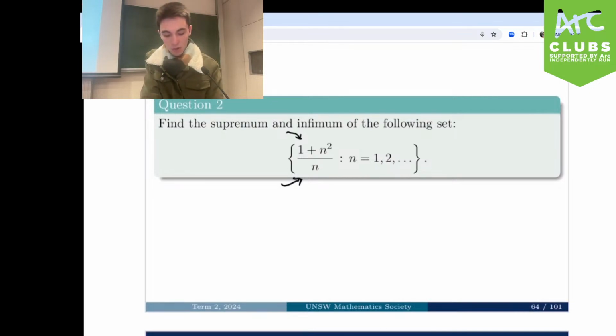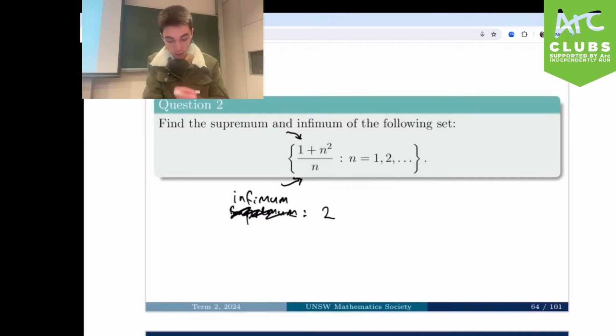So when n equals 1, this value is going to equal 1 plus 1 squared over 1, which is just 2. And that's our... sorry, did I say supremum? This is supposed to be the infimum, right? Because this is the greatest lower bound. We're looking for the largest number that's smaller than or equal to all the elements of the sequence, and in this case it's 2, because it occurs when n equals 1.